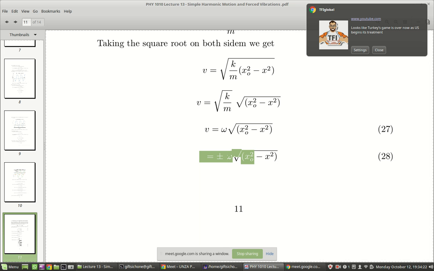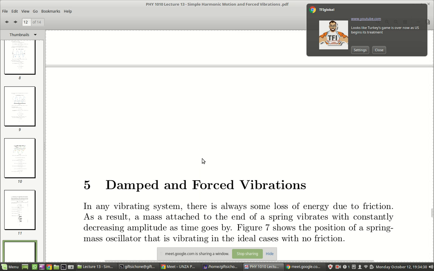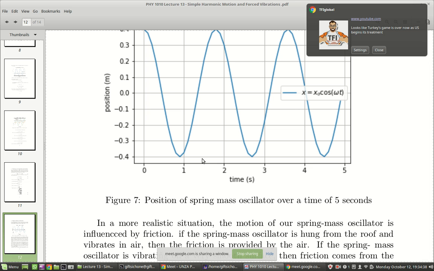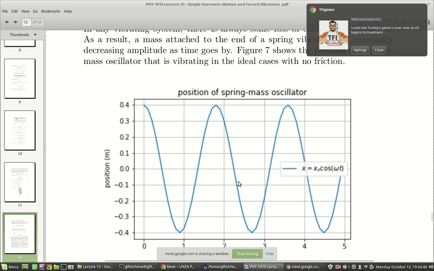So the amplitude is going to reduce with time, like that. Eventually the back and forth motion is going to end. So basically, the size of the amplitudes as time passes in reality dies down.